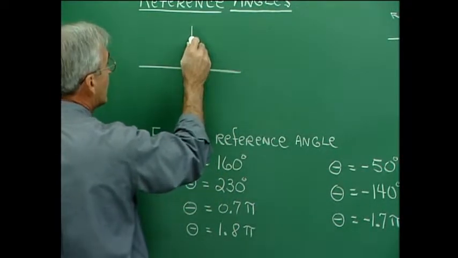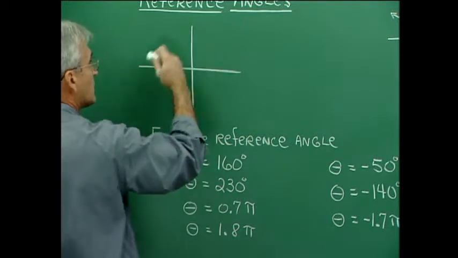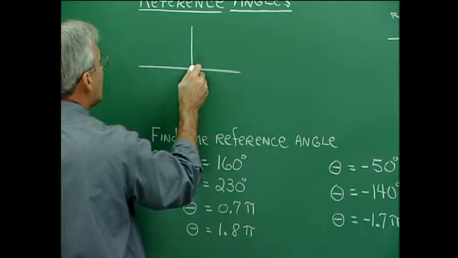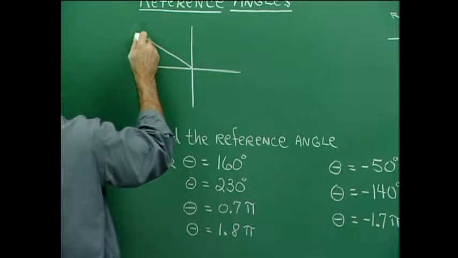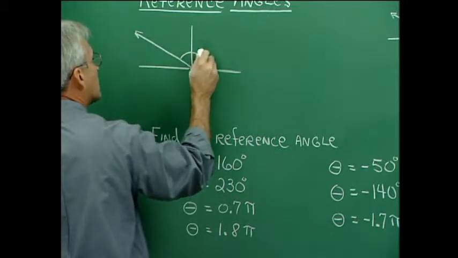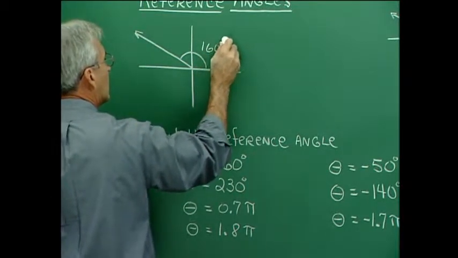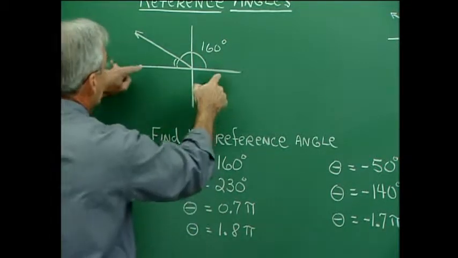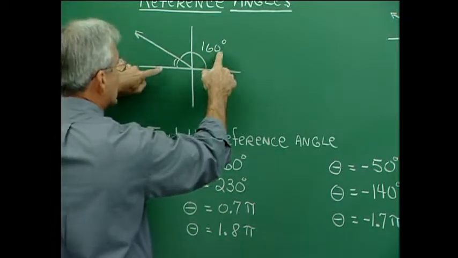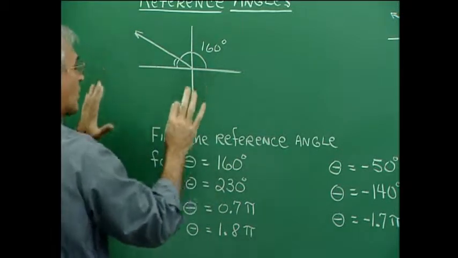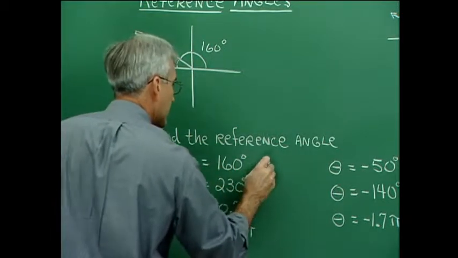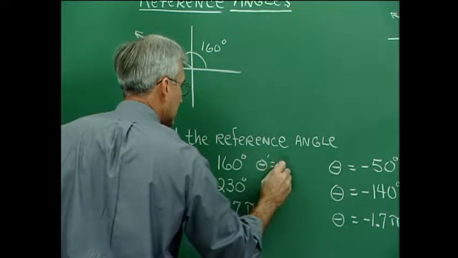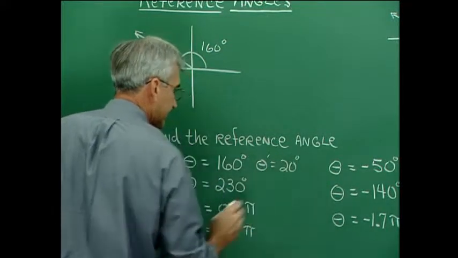Now here's 90 degrees, here's 180, so 160 falls into the second quadrant, roughly something like this. So here's our 160 degree angle. Now we want the reference angle here, the theta prime, and it's 180 minus 160. You see, 180 minus 160, that's 20 degrees. So theta prime then is 20 degrees.